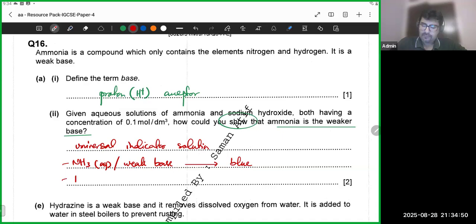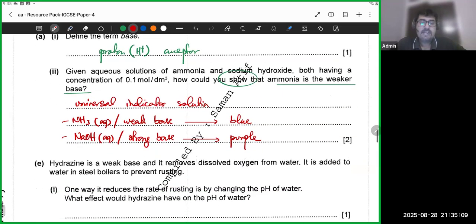And if you add it to sodium hydroxide, which is aqueous and happens to be a strong base, so what would happen to it? It's going to be purple in color because it's a strong base. Okay, so just write sentences describing these key points. That's the next one.